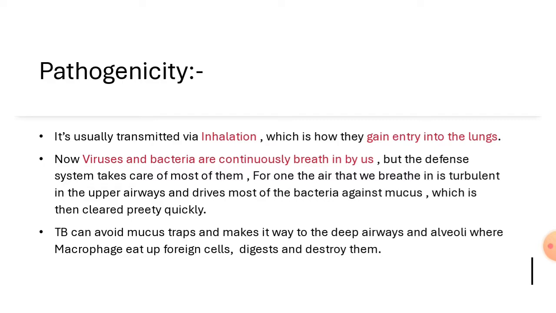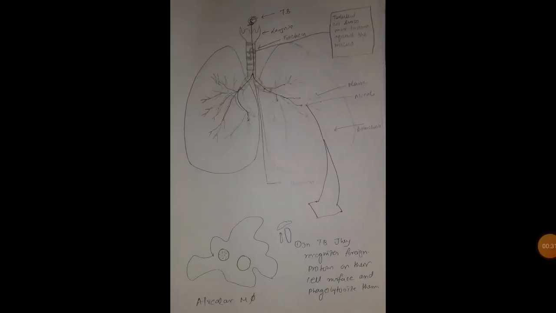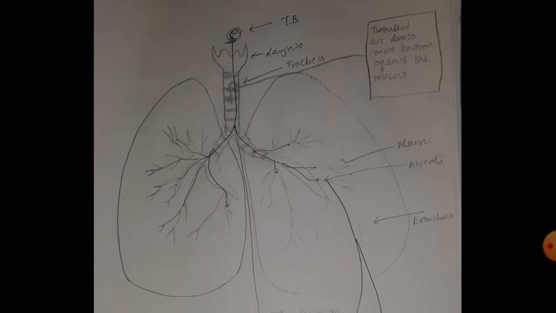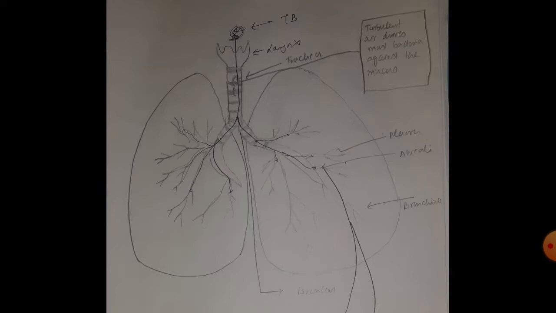Clear? In the previous video I told you that it is usually transmitted via inhalation, right? Now, there is an interesting fact: we are regularly inhaling a large number of bacteria and viruses. Despite inhaling that many bacteria and viruses, how do we still feel good?